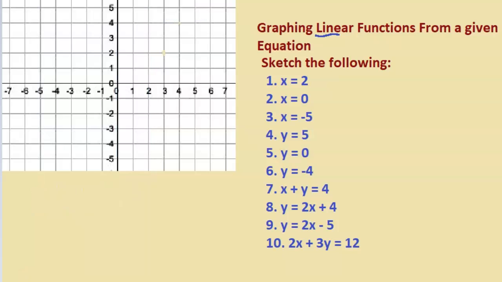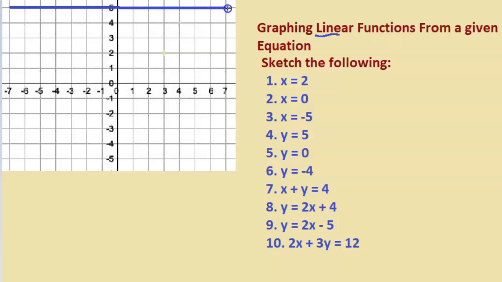Now let us look at 4, 5, and 6. So now we are sketching the line y equal to 5. The only variable there is y, and it cuts the y-axis at 5. The y-axis we'll call the vertical axis. So this line will cut the y-axis at 5, right?